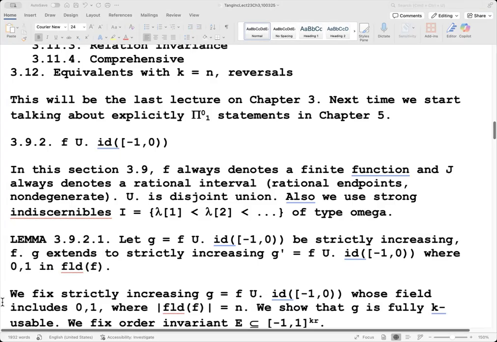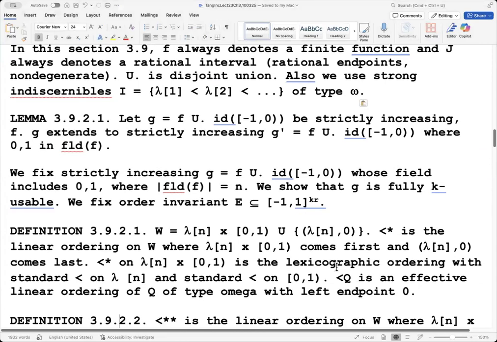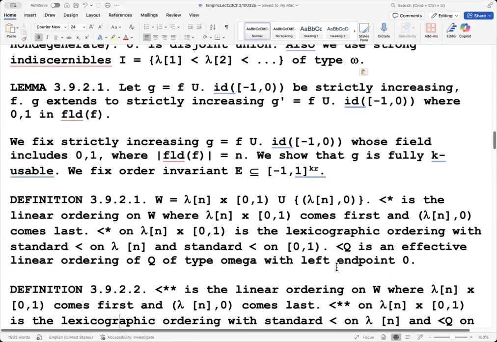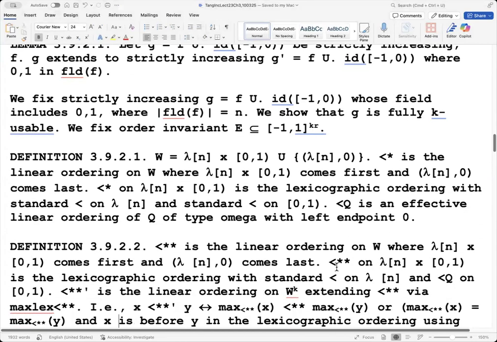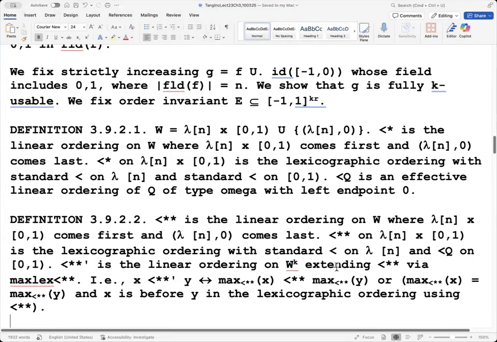Okay, so we fix this. Okay, we make up a space. We make up a space strategically.